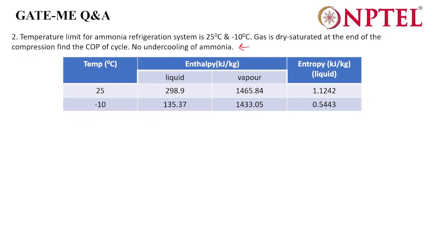I am reading. Temperature limit for ammonia refrigeration system: this is the condenser temperature, it is given. This is the evaporator temperature, -10. Gas is dry saturated at the end of the compression. So this is an important thing. First we have to find the COP of cycle, and no undercooling of ammonia is done.